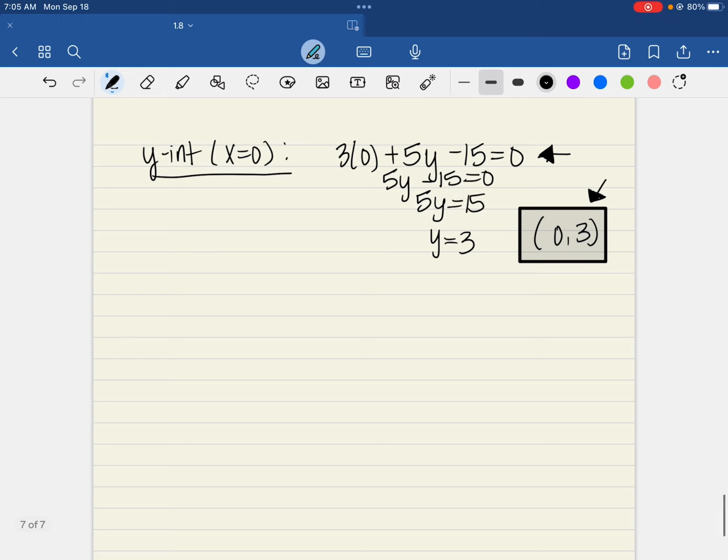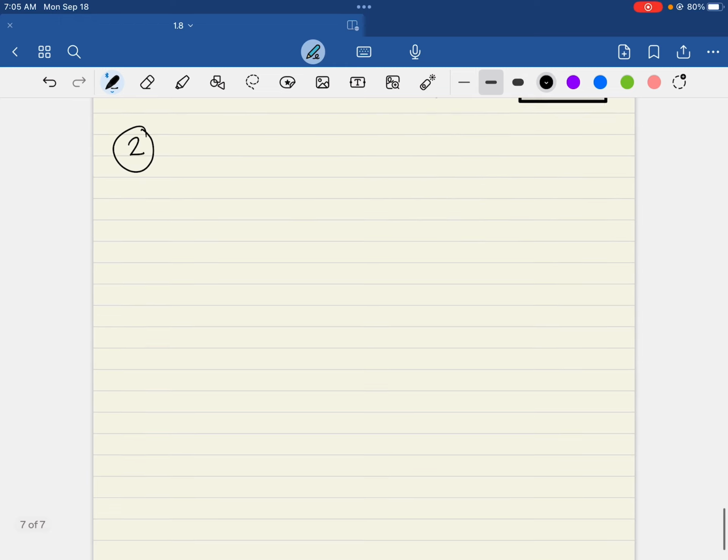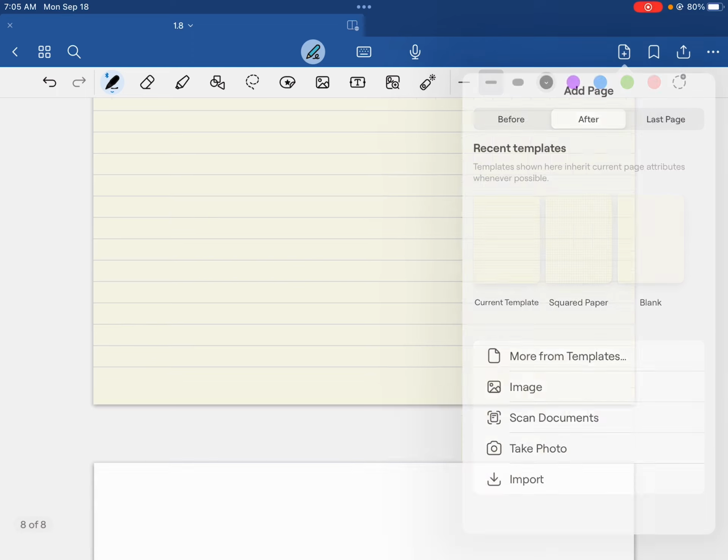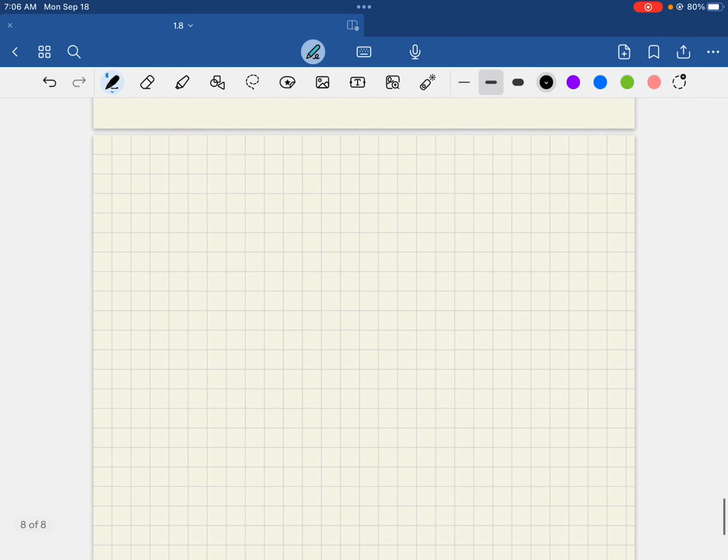Okay, we're going to do a second problem. I'm going to write that here, but I need to add a piece of graph paper. So this will be from our question 1.